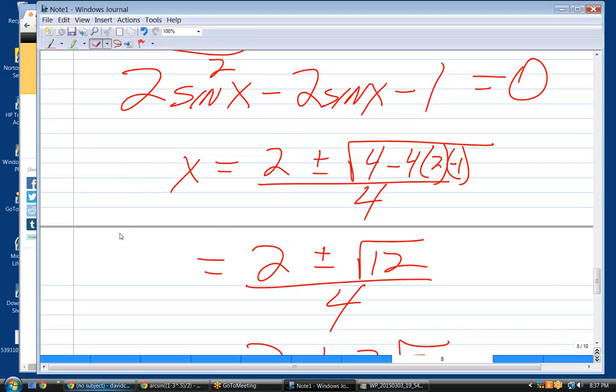In other words, it's real easy to make that mistake right there. But it's sine x equals the quadratic formula. And then, once you get a number, you have to solve for x by taking the inverse sine of whatever number you got on the right side.